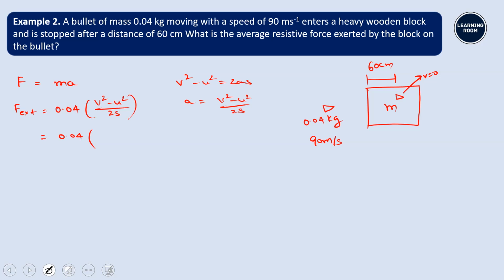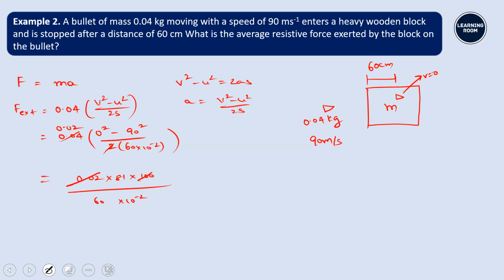So the final velocity of the bullet is going to be 0. So 0 square minus u is 90, so 90 square divided by 2 into the distance traveled by the object, which is 60 centimeter, so 60 into 10 power minus 2 meter. So 0.04 into 81 into 100 divided by 60 into 10 power minus 2.